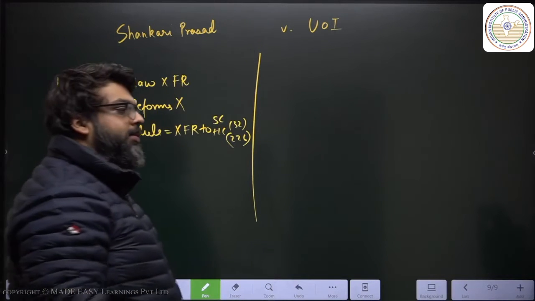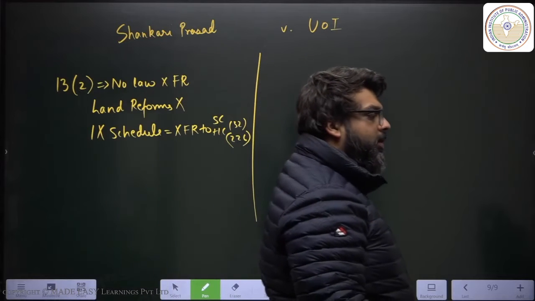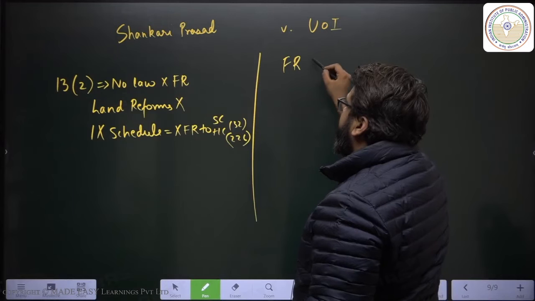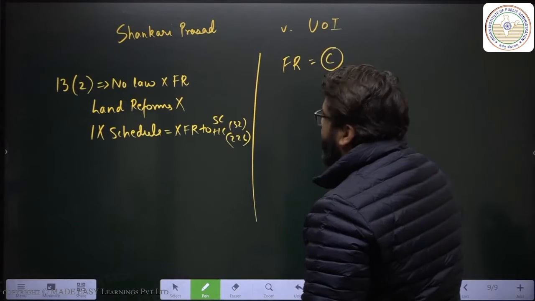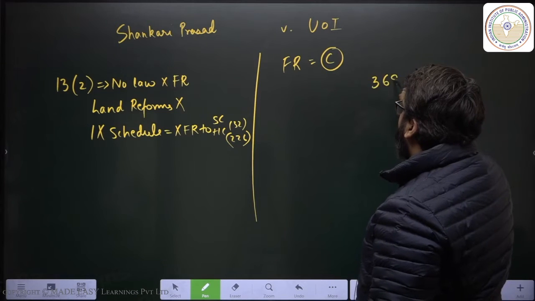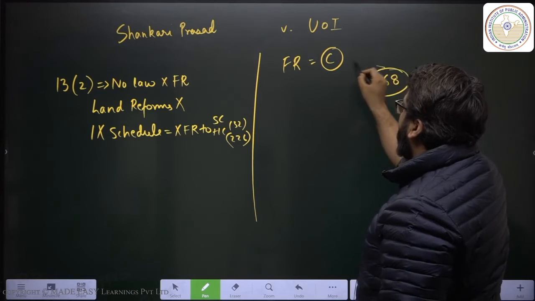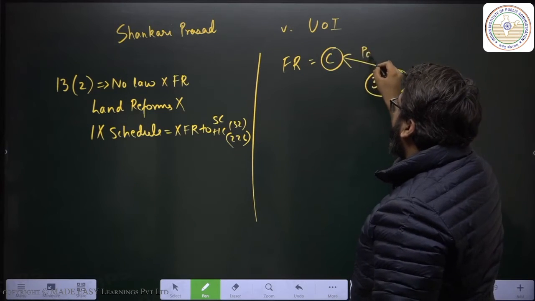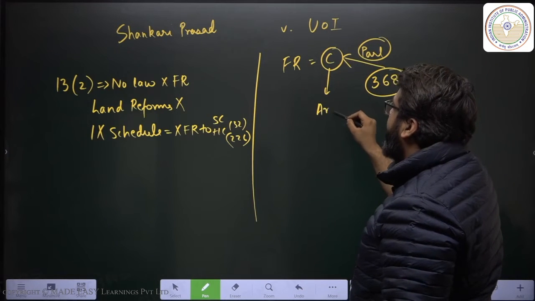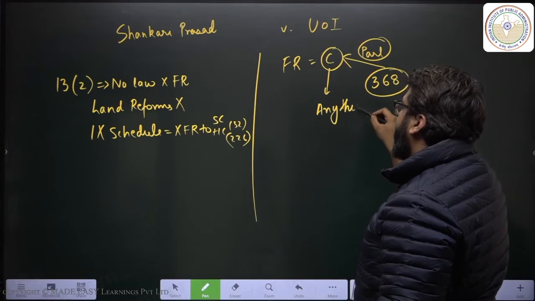The government said, hold on. Your fundamental rights exist because they are in the Constitution. And under Article 368, we, the Parliament, have the powers to change anything in the Constitution.